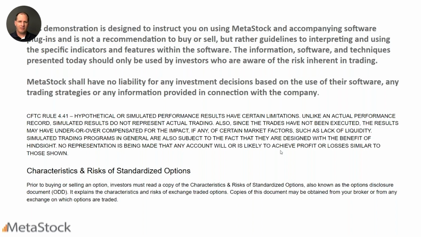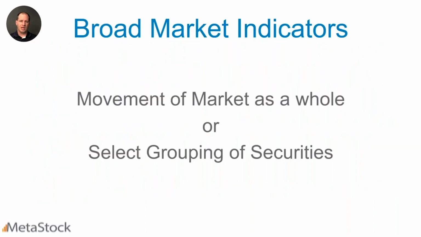Now, I'm going to give you some overviews about what Fire is and how it works. But again, this is going to be more technical, getting into how to actually use the Fire product and plot everything within MetaStock. So in the last video, we talked about broad market indicators and what they are. Those are the movement of a market as a whole or a select grouping of stocks.